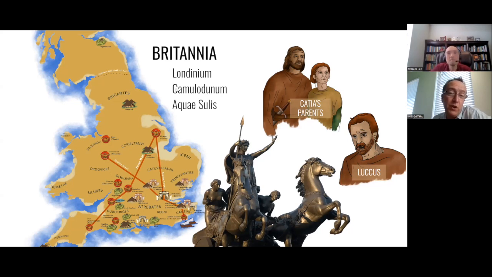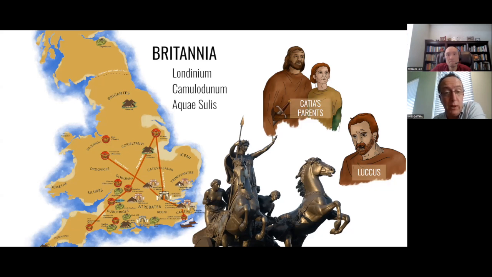Camalodunum was the local capital of one of the tribes, and if there was a capital of Britannia, I guess at this point it was there. Although the extent to which one can talk about a united country, of course, it didn't exist, did it? But it was certainly a powerful center.